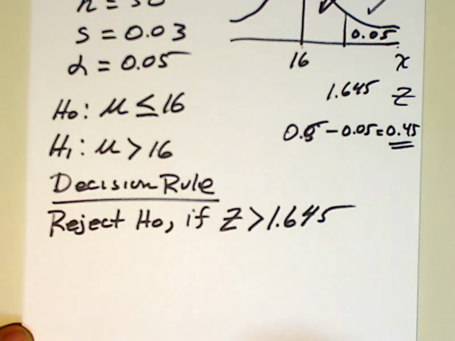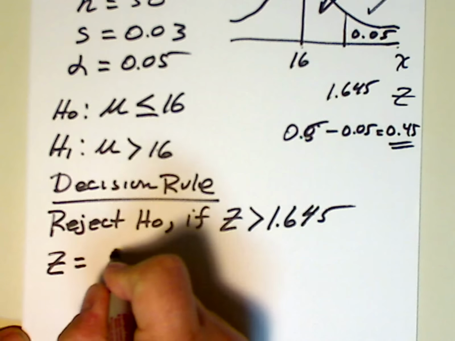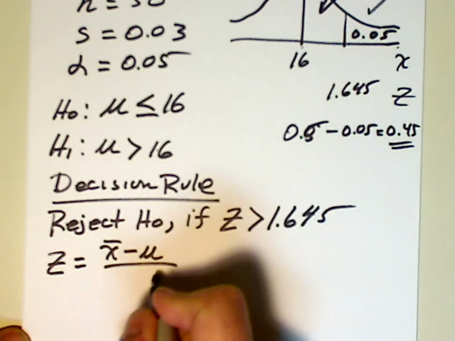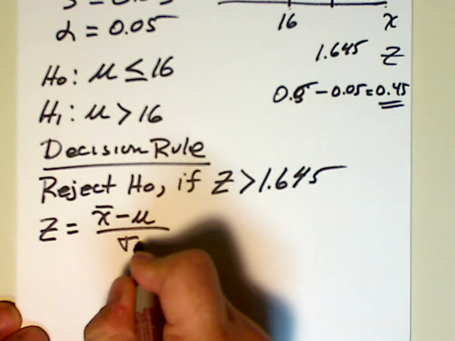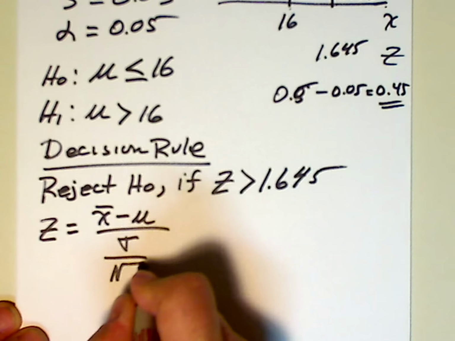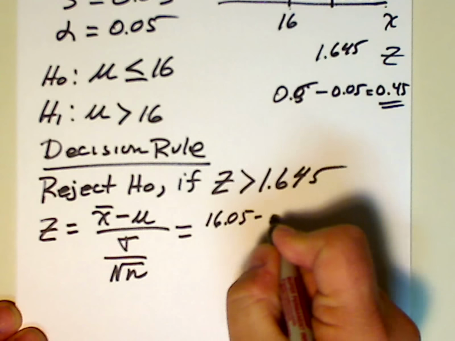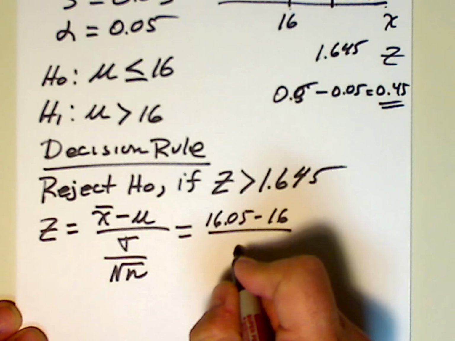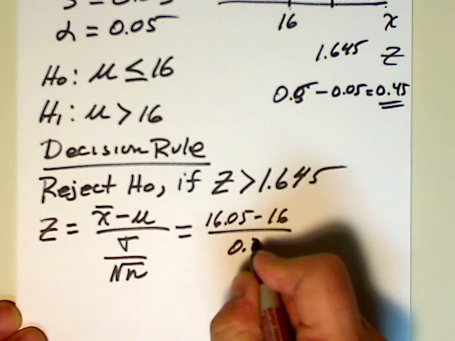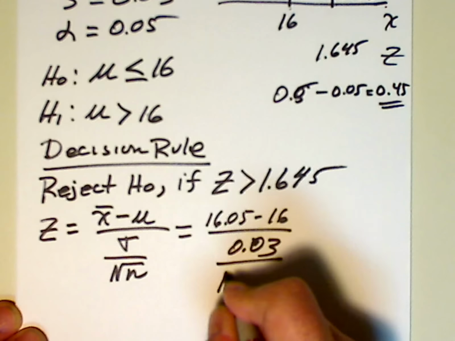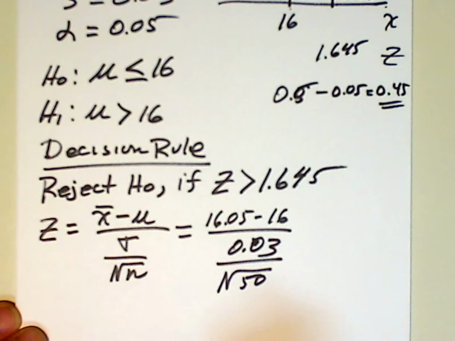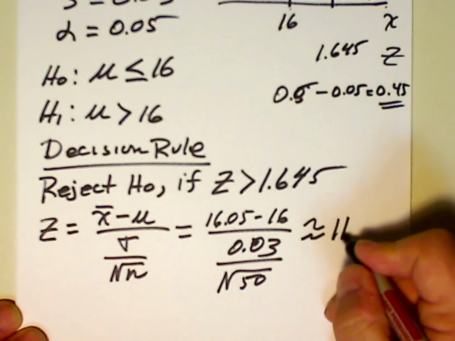Okay, so now we need to calculate Z. Z is equal to x bar minus mu over sigma, or in this case s, over the square root of n. So we've got 16.05 minus 16 over the standard deviation, which is 0.03, over the square root of 50, which is n. If you do that, I believe it works out to be about 11.79.